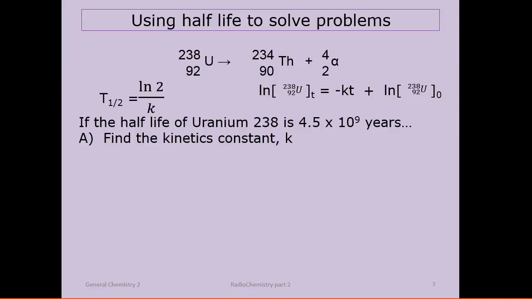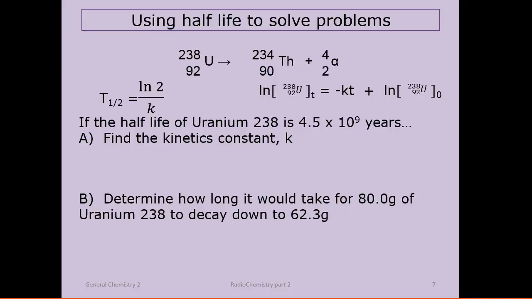If the half-life of uranium-238 is 4.5 times 10 to the 9 years, and quite often radioactive isotopes are given with their half-lives, how do you find the kinetics constant, K? And then if you could find that constant, could you determine how long it would take for 80 grams of uranium-238 to decay down to 62.3 grams?